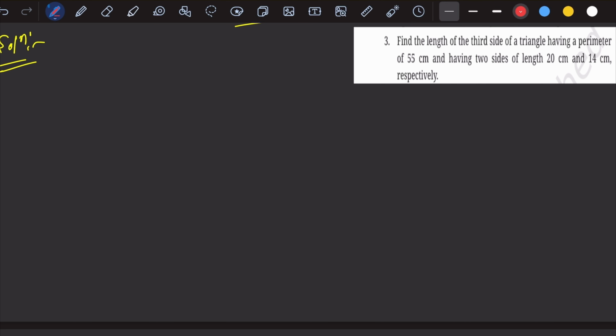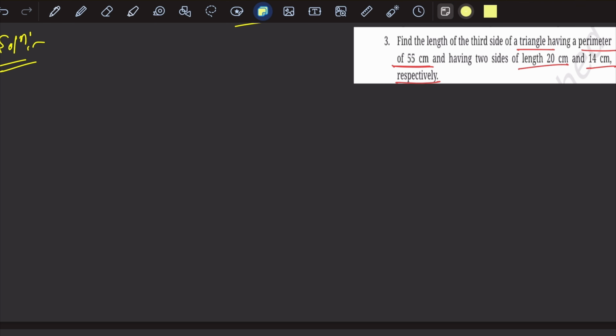Here we have one triangle. The total perimeter of the triangle is given here, 55 centimeter, and having two sides of length, like one side is 20 centimeter and the second side is 14 centimeter. It is given. We have to find the third side.